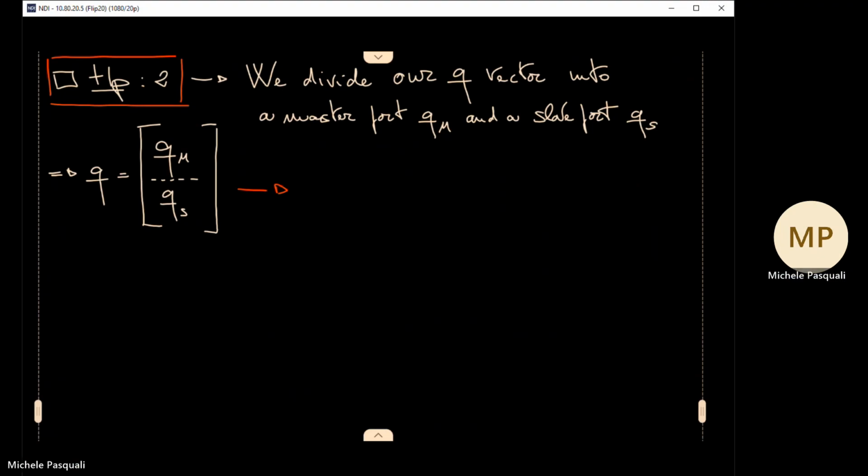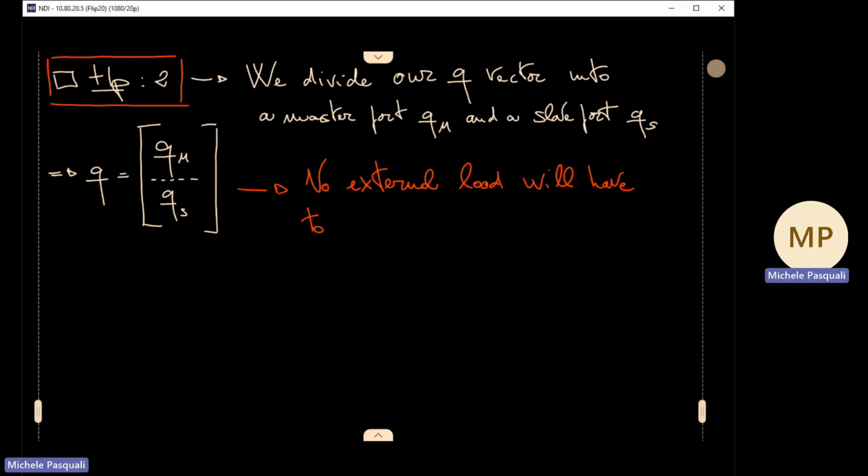So no external load will have to be applied or to insist on slave nodes.